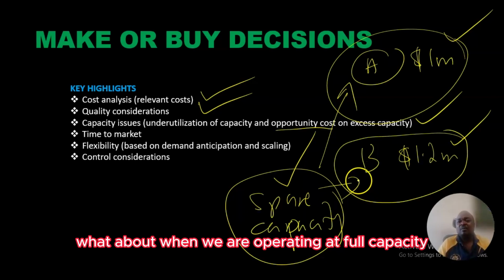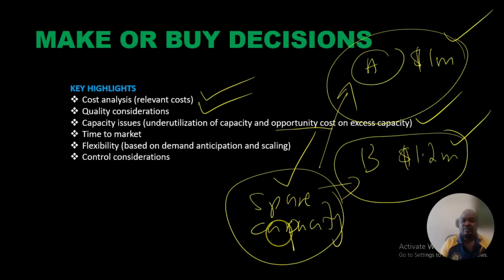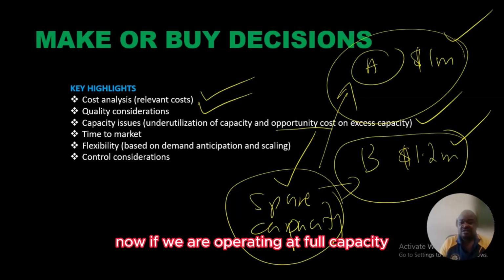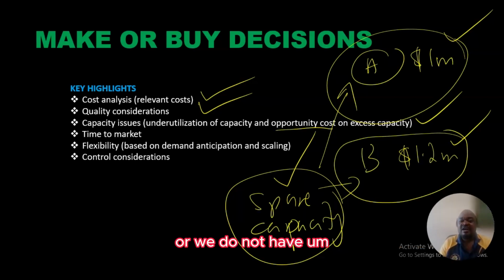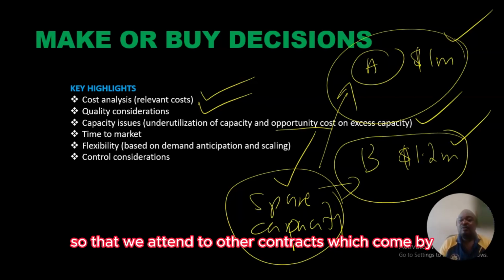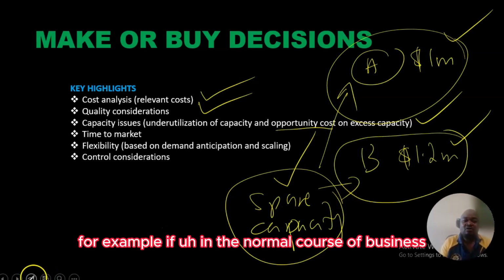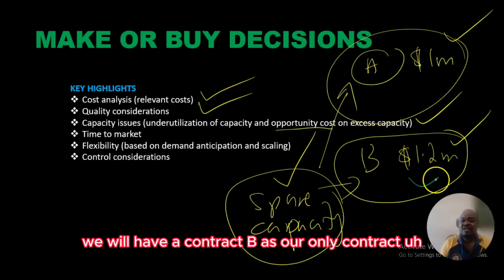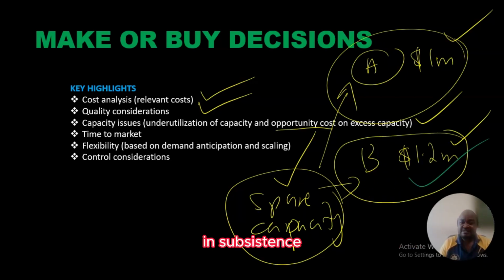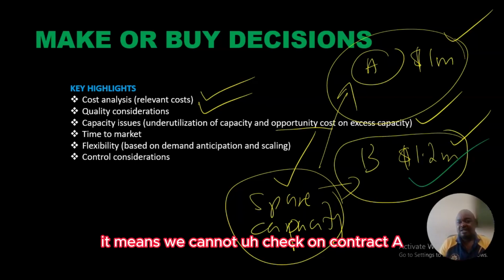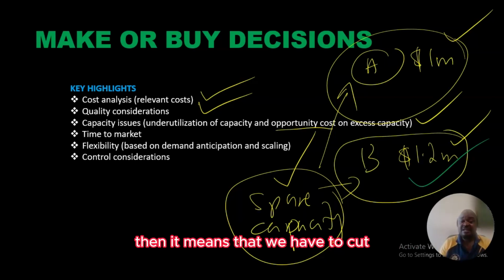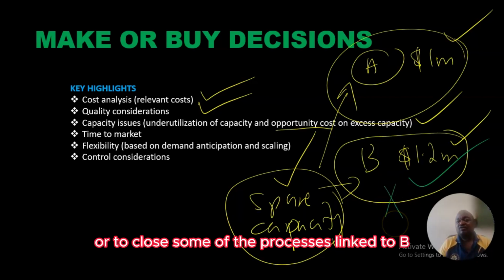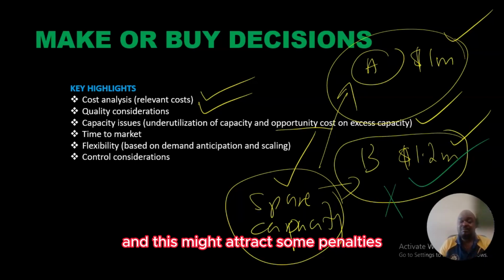What about when we are operating at full capacity? If we are operating at full capacity, it means we do not have any extra hours or any extra resources to attend to other contracts which come by. For example, if in the normal course of business we had contract B as our only contract, it means we cannot take on contract A. So if we want to take contract A, we have to cut or close some of the processes linked to B, and this might attract some penalties.